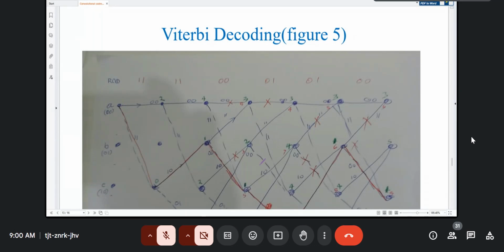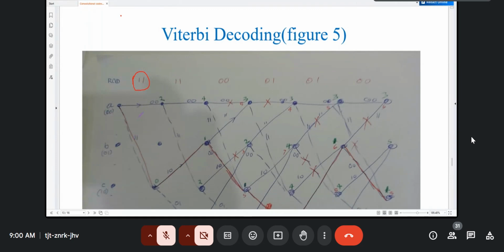So what we are going to do is calculate some branch metric. Since this is 1 1 and it corresponds to 1 1, this branch metric is 0. The metric will be 0 if what you have here corresponds to what you received.